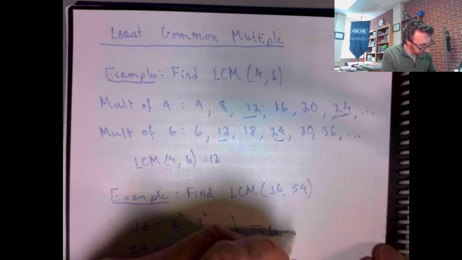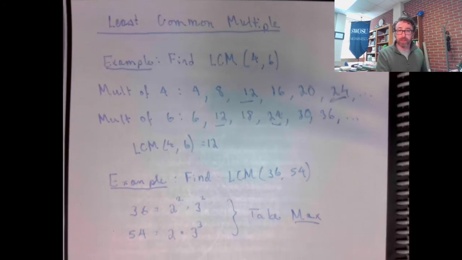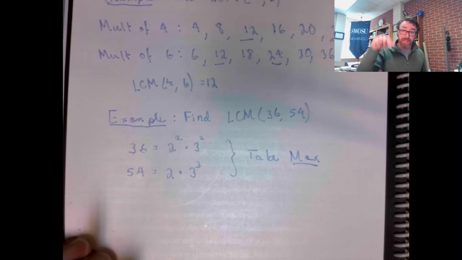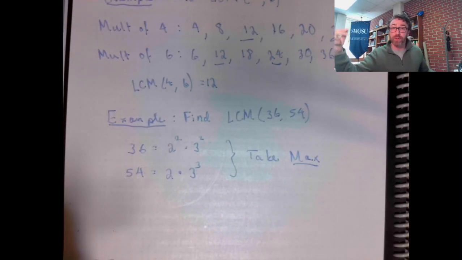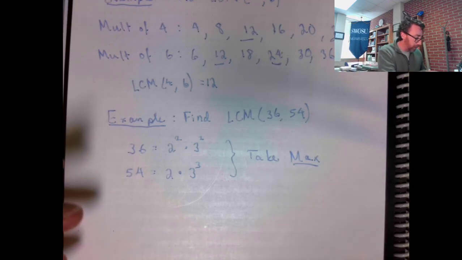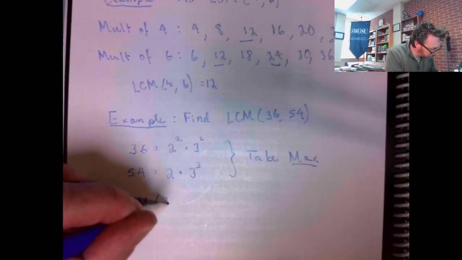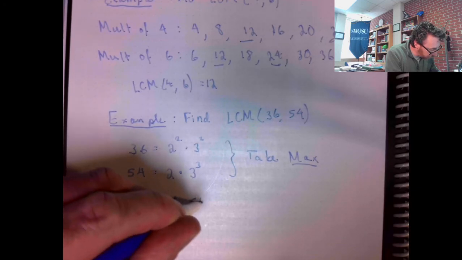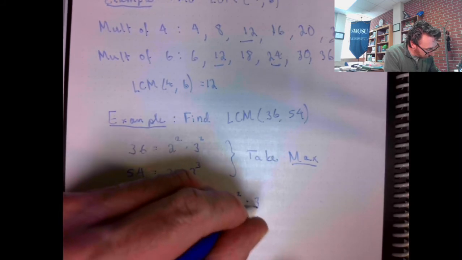To find the LCM, you take the max exponent. Okay, remember when we were finding the GCF, it was taking the min, the smallest, because we wanted a number that would divide into these things evenly. Here we take the max. So the LCM of 36 and 54 would be 2 squared times 3 cubed.